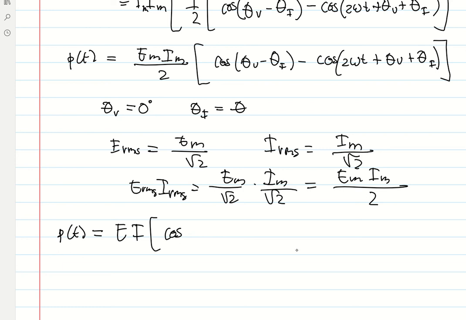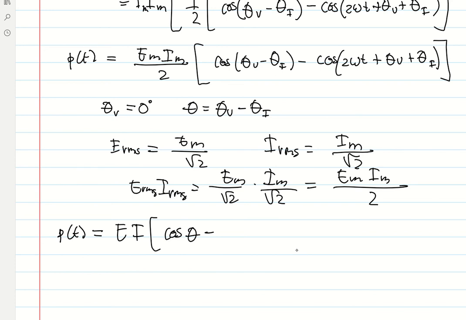So we can also say, instead of theta I here, we can define theta as the angle between theta v and theta I. So this is the angle between the two. Whatever the angle of theta v, whatever the angle of theta I, if you take the difference, that's always our theta here, or we call it the phase angle.